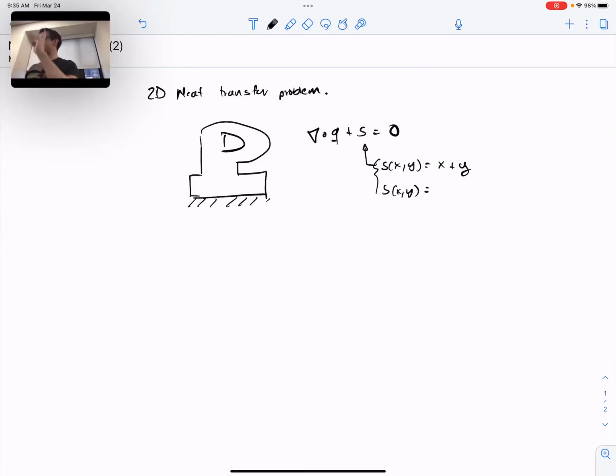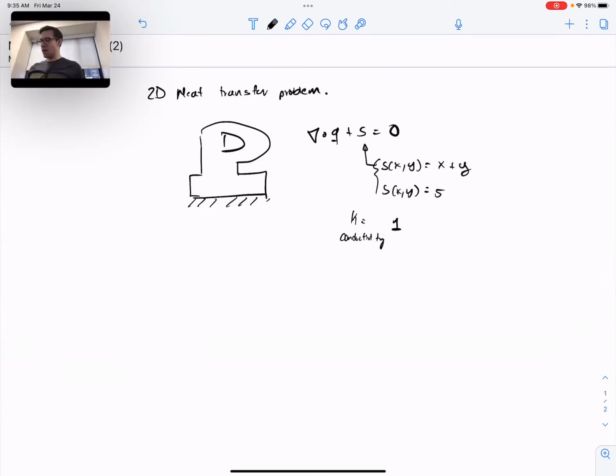First, I'll do it with a constant because then I don't need to rederive anything. Let's just do 5. We need to pick a K. There's probably some K value for the conductivity. Just pick one randomly. And then we need some boundary condition.